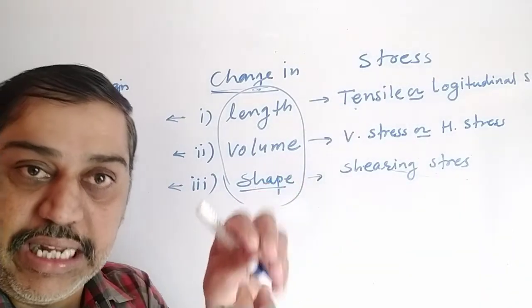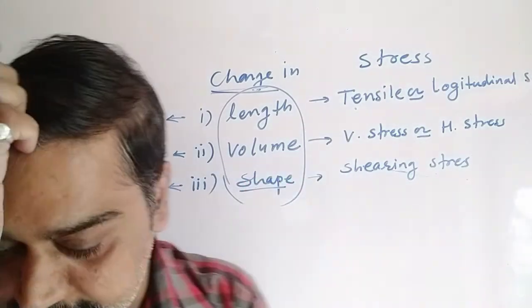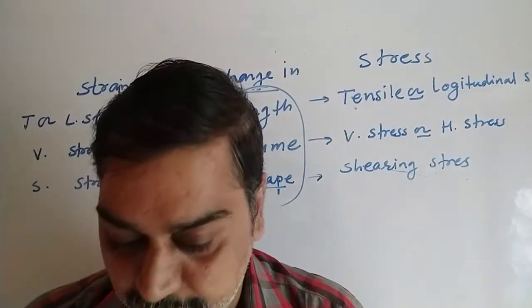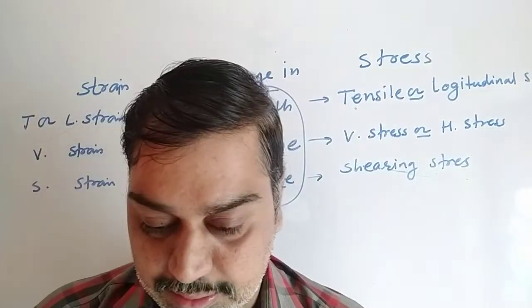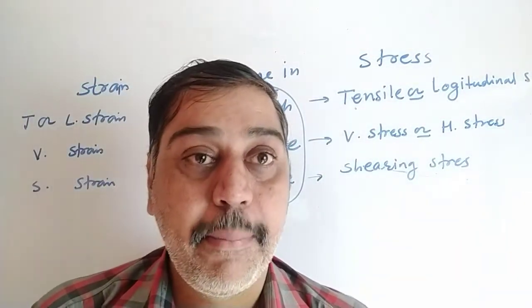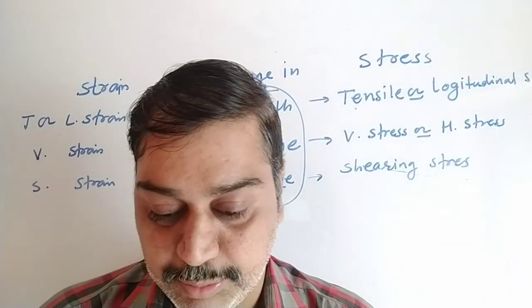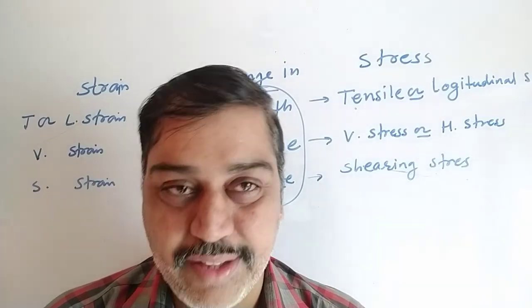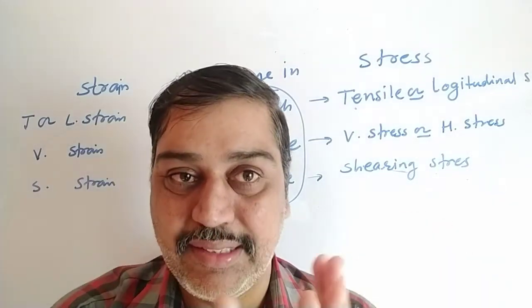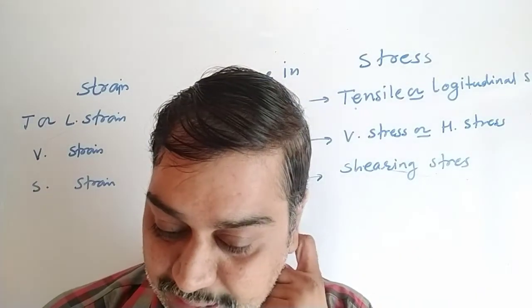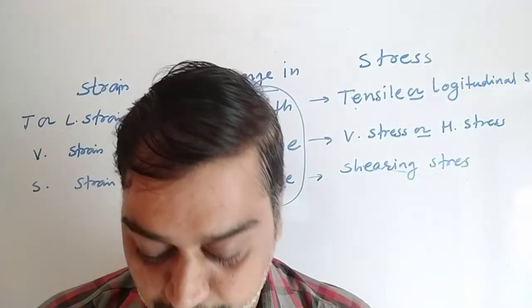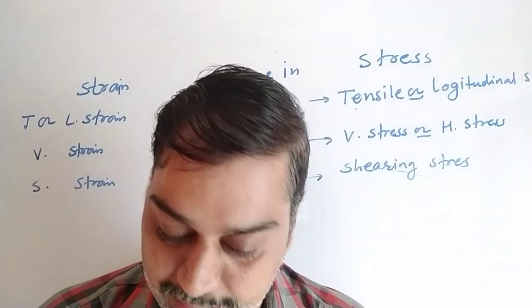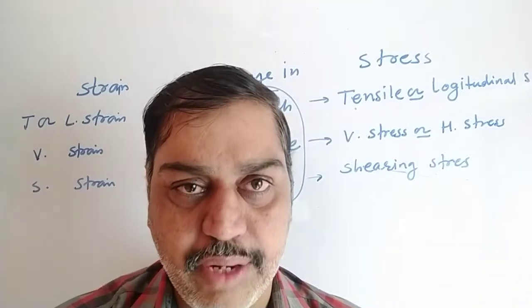So if you have the book, there is figure 6.1a, that is the tensile stress by increasing length. 6.1b, the compressive stress, means we are decreasing length, compressing the length. Those are diagrams 6.1a and 6.1b in your book.